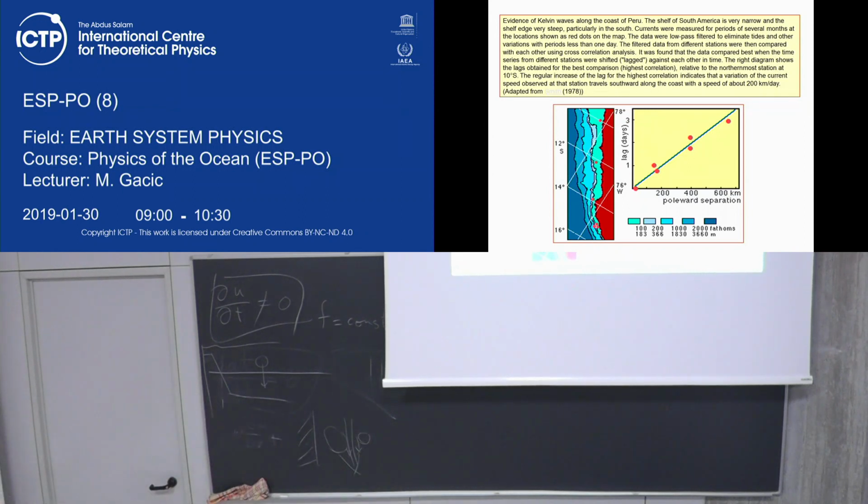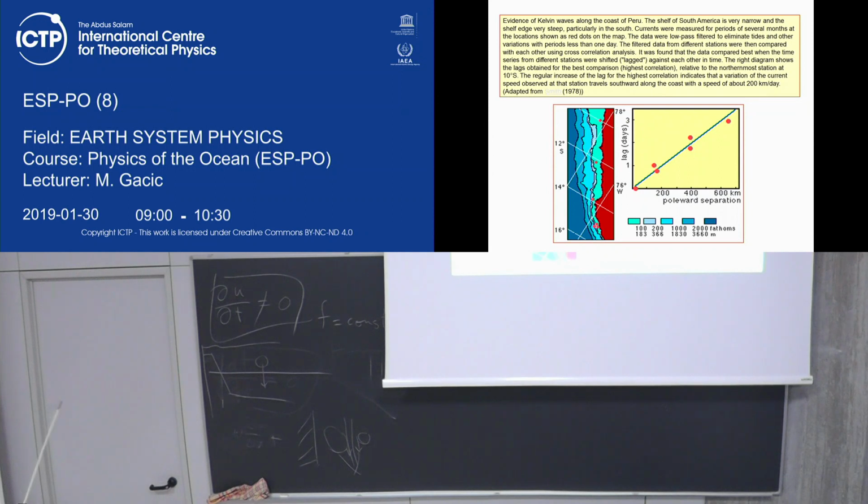You obtain the time lag, and then you can plot this, and you obtain the velocity of the coastal Kelvin waves by doing these simple tide gauge measurements. Simple is a relative term, because the tide gauge needs a lot of maintenance and so forth. But this is something we will talk about.